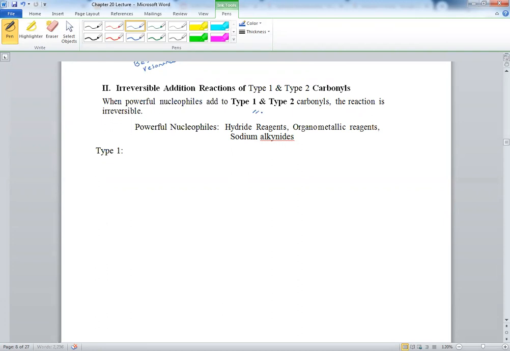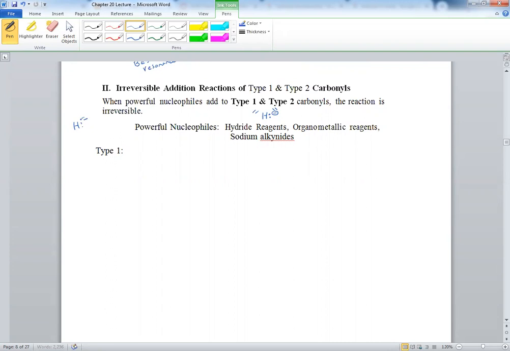So we usually put this in quotation marks here, and it's H minus. Hydride, it's basically a hydrogen with 2 electrons.